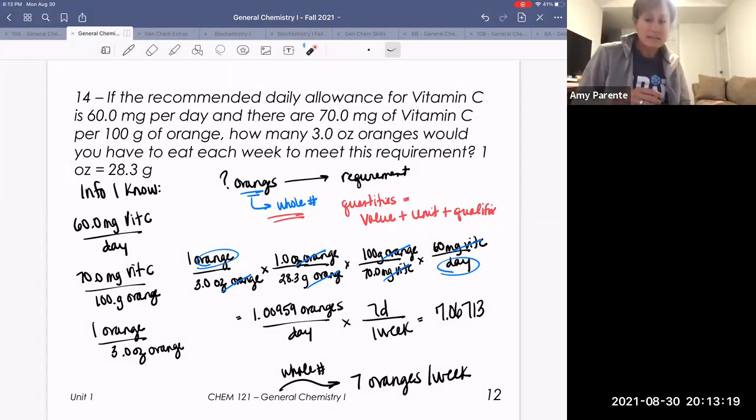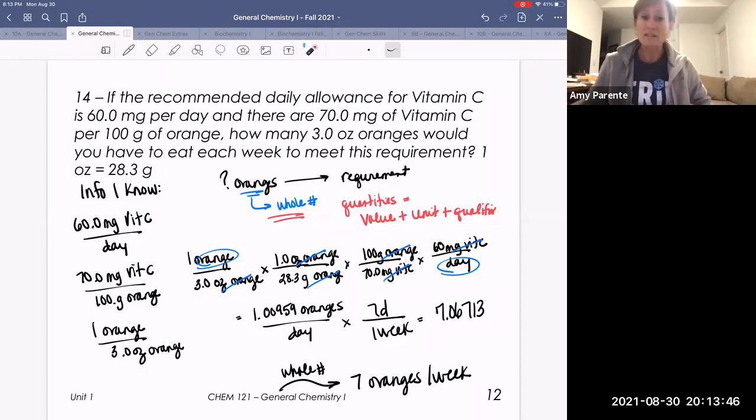Another piece that we have here: 70 milligrams of vitamin C is equal to 100 grams of orange. When we see this word per, it is an indication that we've got a relationship. As you're struggling with some of these problems, here's what I would do. Looking at all the words here, it's like a data vomit with all of this information.